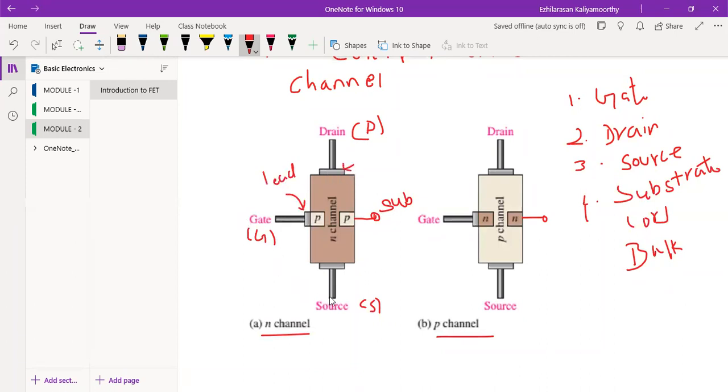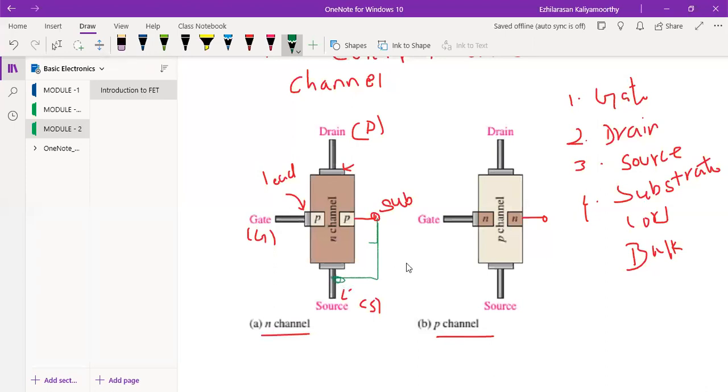The drain, the gate, and the source. Now this gate and this substrate are normally connected. This substrate is connected to the N channel, right? So the substrate is connected by default, inbuilt, if I say.